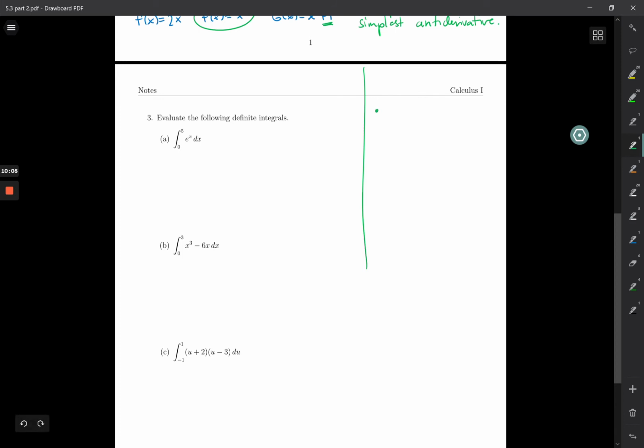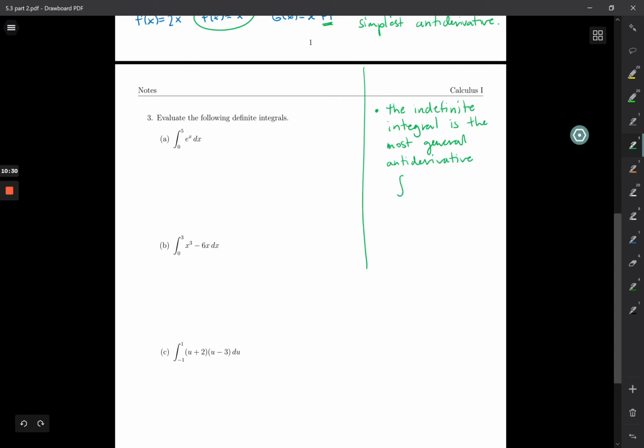So first of all, we had the indefinite integral, which we defined in section 5.1. This is the most general antiderivative, right?